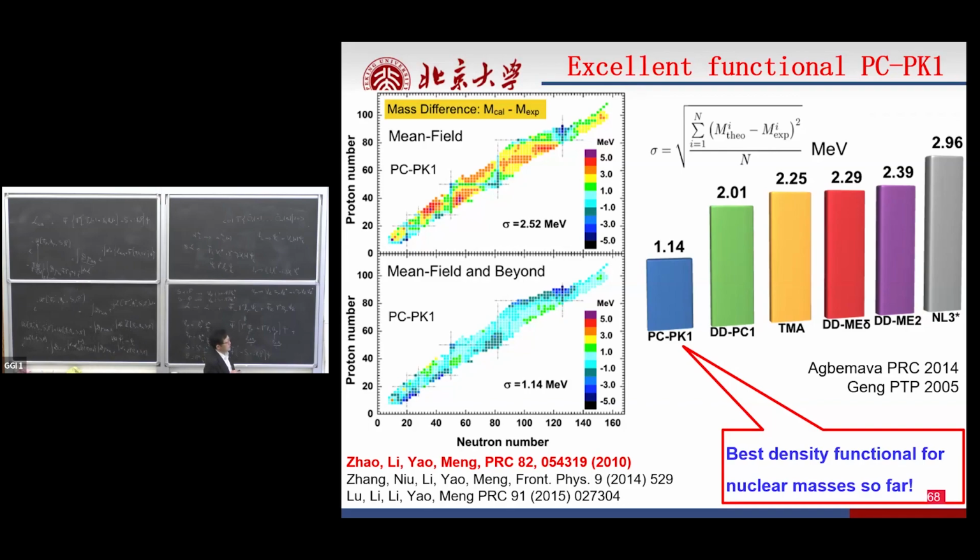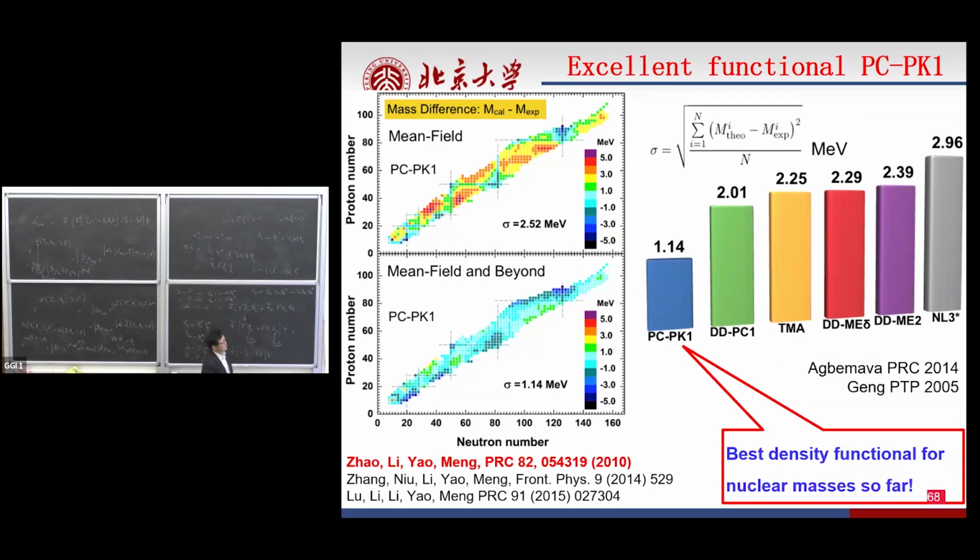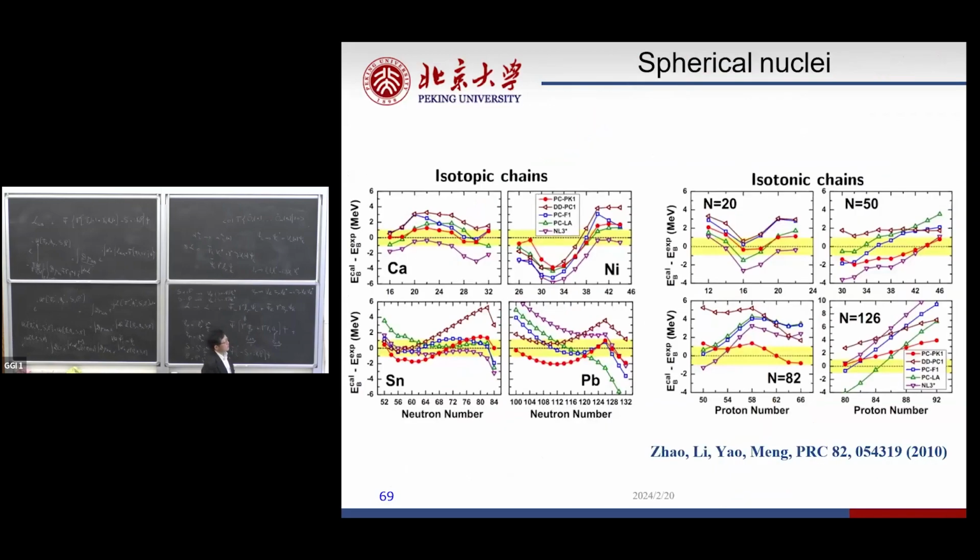So then we see how good this binding energy is. And also we see how well they describe, for example, the spherical nuclei. You see this for calcium, tin, lead, and nickel isotope chains.